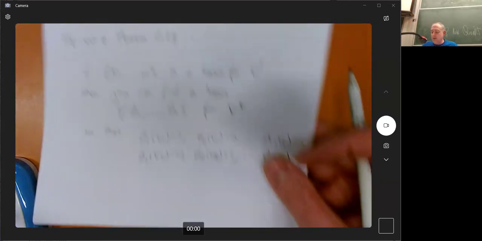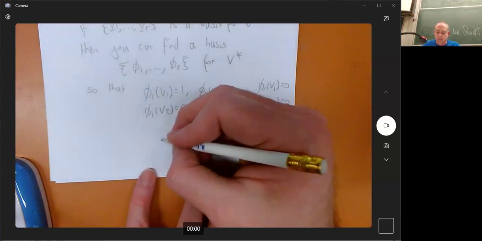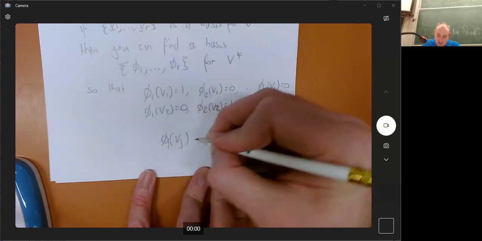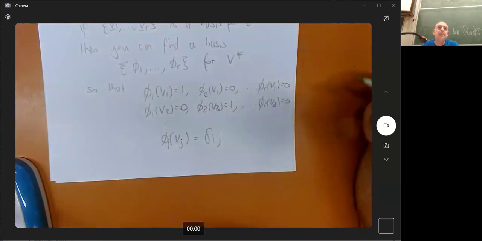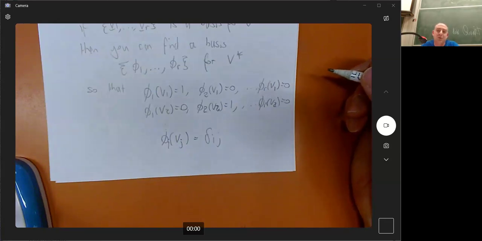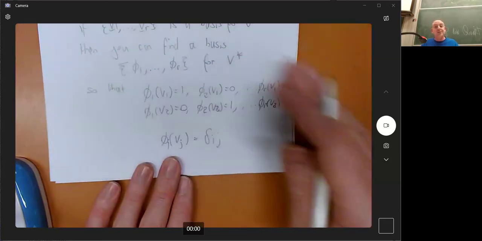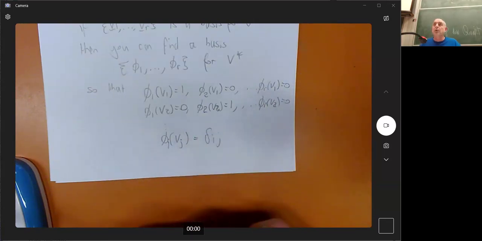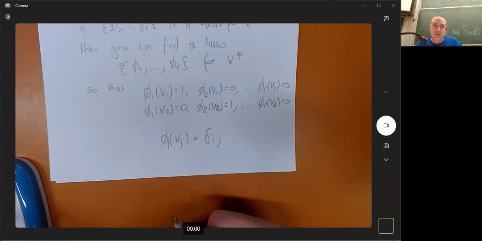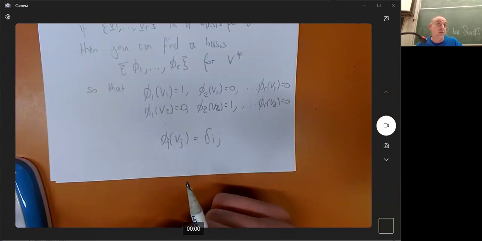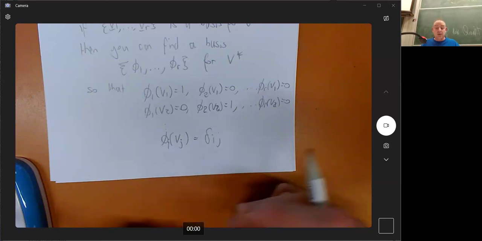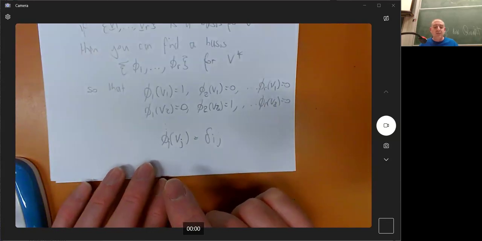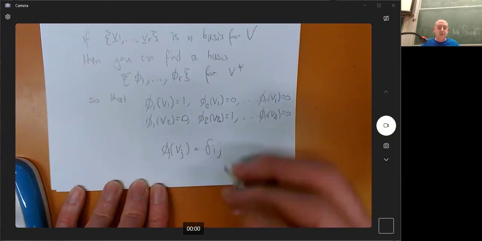And in the notes, they write that as phi I of Vj is delta Ij. Because of course they do. But that's short for this. And that's enough. Knowing what a linear transformation does to a basis is enough to know what the linear transformation does to everything. Yeah, and this is called the dual basis to V1 up to VR.